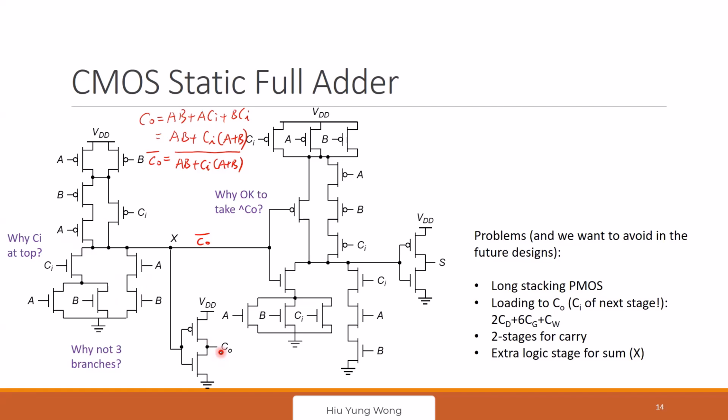Now you have already done midterm 2, right? Can someone tell me why I want to factor out the CI? What is the advantage of factoring out the CI? If I don't factor out, I have CI times A plus CI times B, then I have CI A in parallel with CI B. What is the problem of doing that? Not problem, or disadvantage.